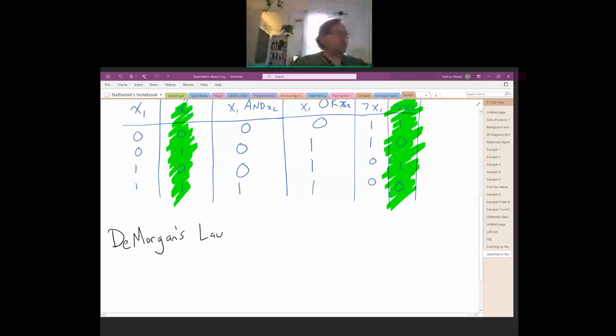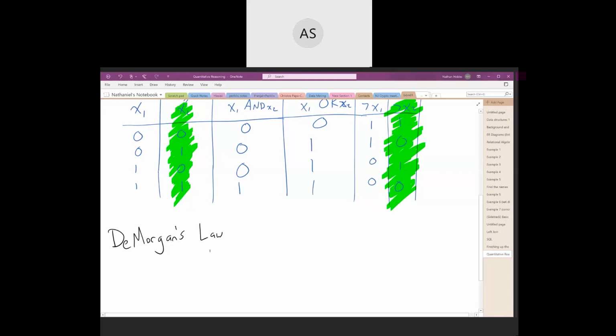This would be something you might have run into in a programming class. Afreen, can you unmute yourself? Hello. Hey, yes, very good. So you say that De Morgan's law is a rule for evaluating logical expressions.